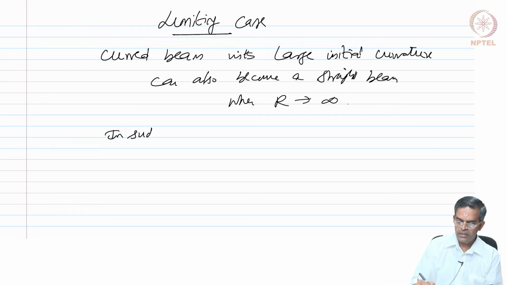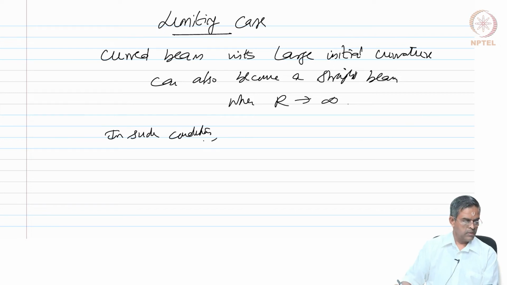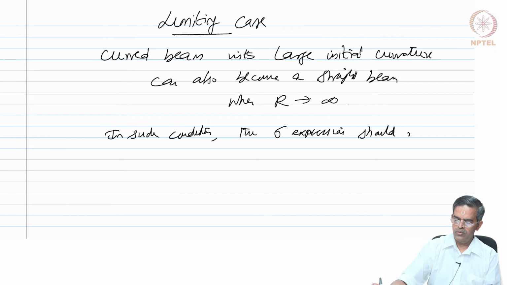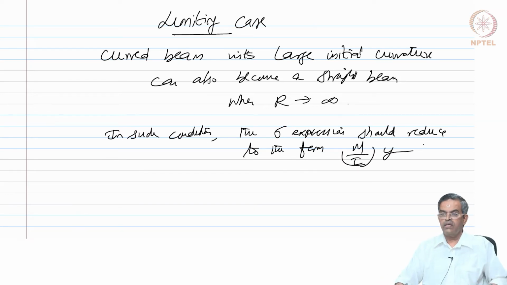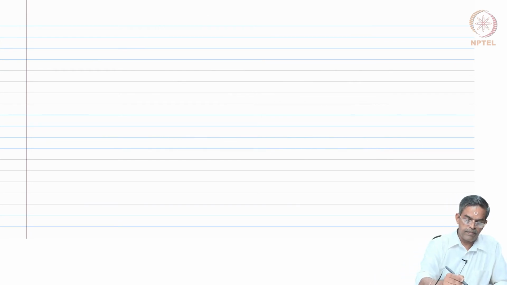In such condition, the stress expression should reduce to the form M by I into y. Isn't it? That is a classical thing for a straight beam. Let us show how this is happening.